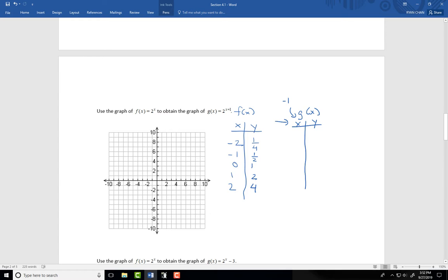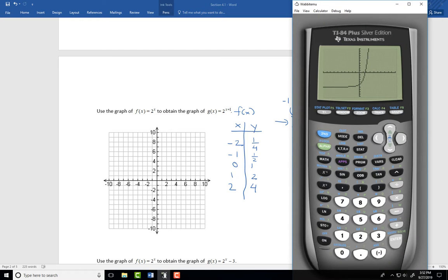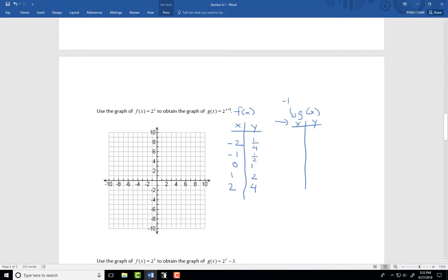If you're not sure, remember, you can graph both of them side by side. So let me show you. If I graph 2 to the x, and if I graph 2 to the x plus 1, watch what happens. The first one's 2 to the x. The second one is 2 to the x plus 1. Notice it's being shifted to the left. Since it's being shifted to the left by 1, remember we subtract our x values by 1.